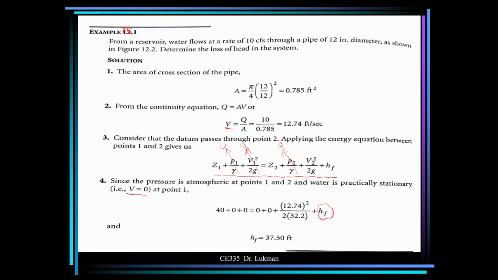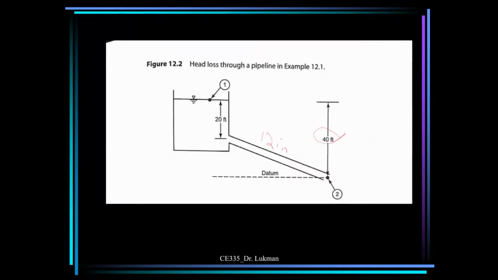This is the head loss due to friction. Here we do not incorporate minor head losses, because at the entrance there's entry head loss as the water is entering. If I want to sketch, ideally this is the total head.